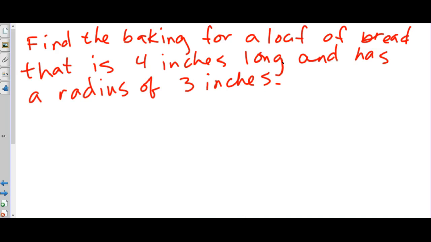Round your answer to the nearest minute, and you're given an equation, 30RH over R plus H. So this one just wants you to plug the values in and simplify.